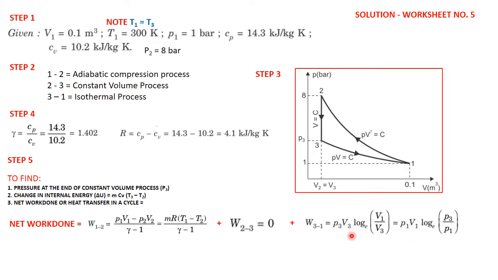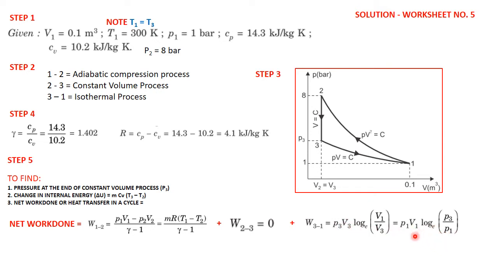If you write like this, we need V3 equal to V2, right? So you can get the V2 answer from those 3 equations. P3 you have to find, that you will see in the next slide. V1 is given, and V3 is equal to V2. So you can use either this formula or this formula.